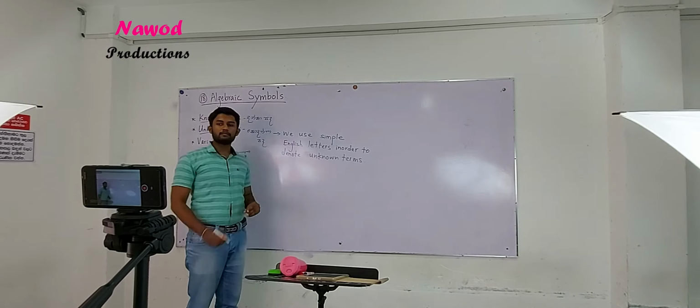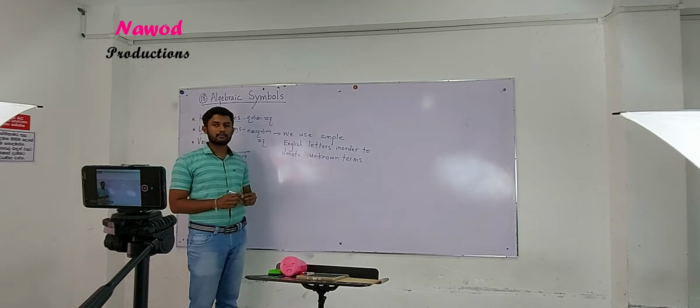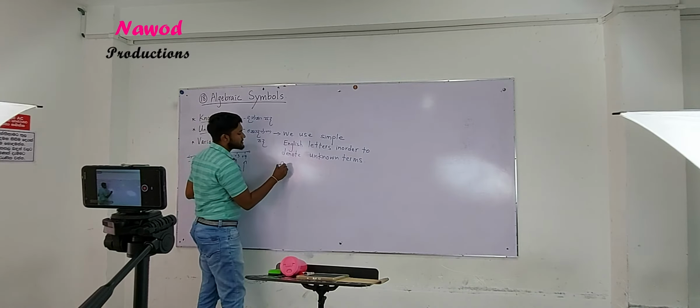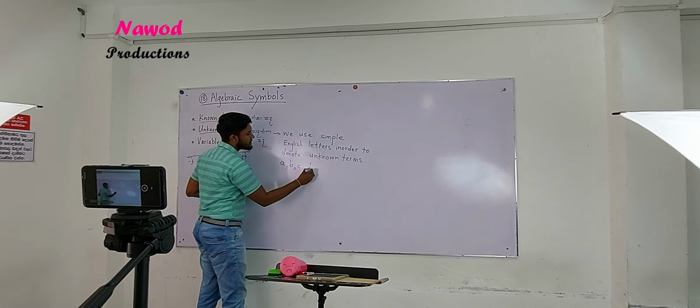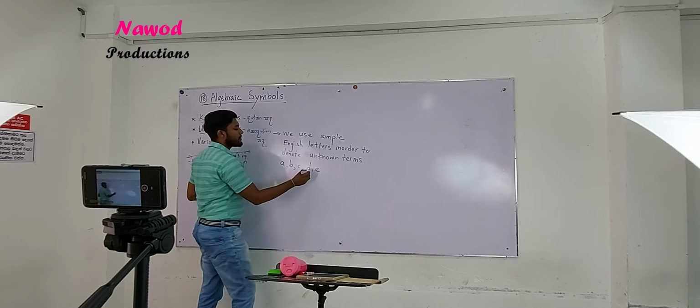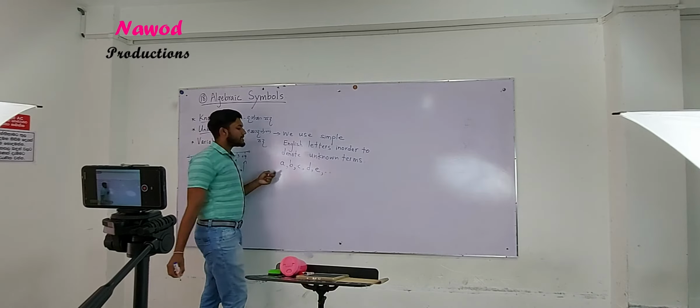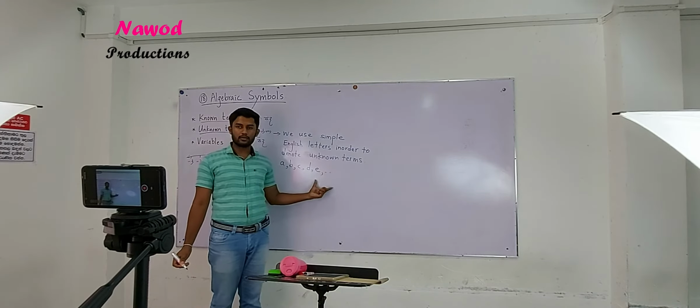What are these simple English letters? We use simple a, b, c, d, e. Like that, any simple English letter we can use.